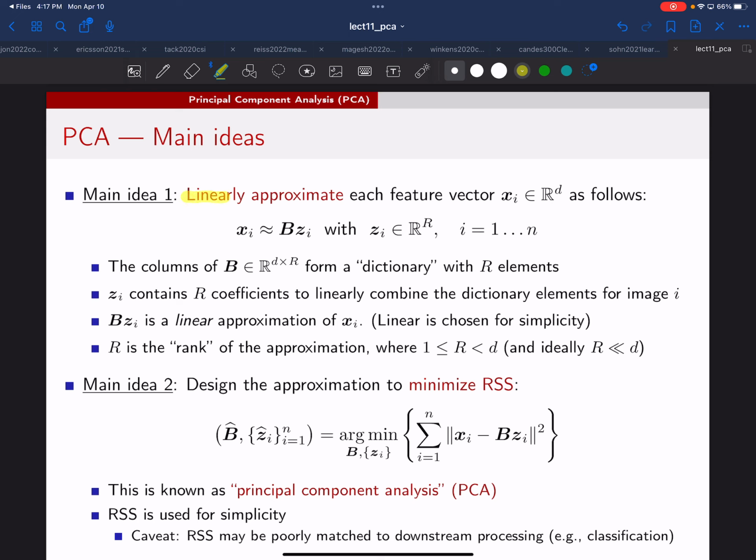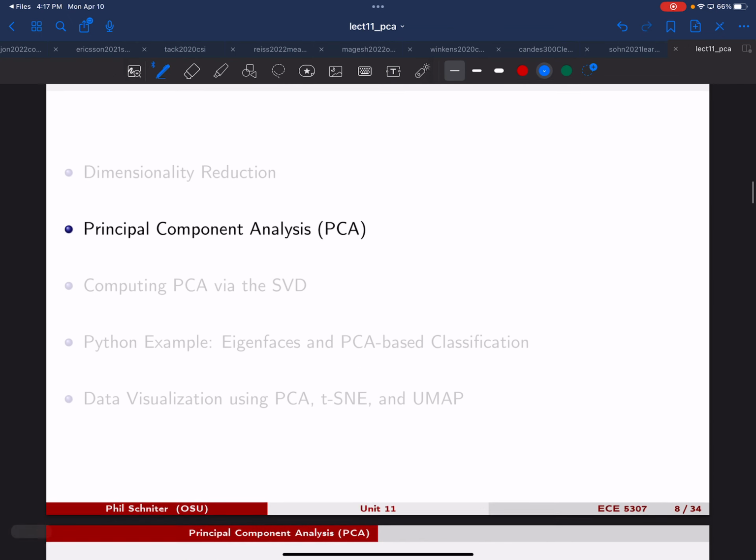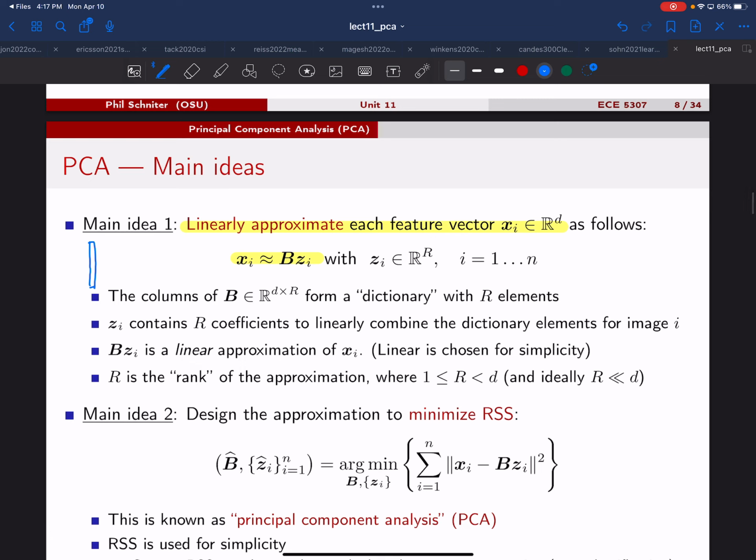We want to do a linear approximation of each one of these feature vectors. So in other words, each face, we want to linearly approximate it as follows. So let me try to draw this. If I take that face image and I flatten it into one long vector of 1850 pixels, what we're saying is that we're going to try to approximate this by the product of a matrix, a tall matrix, and a short vector.